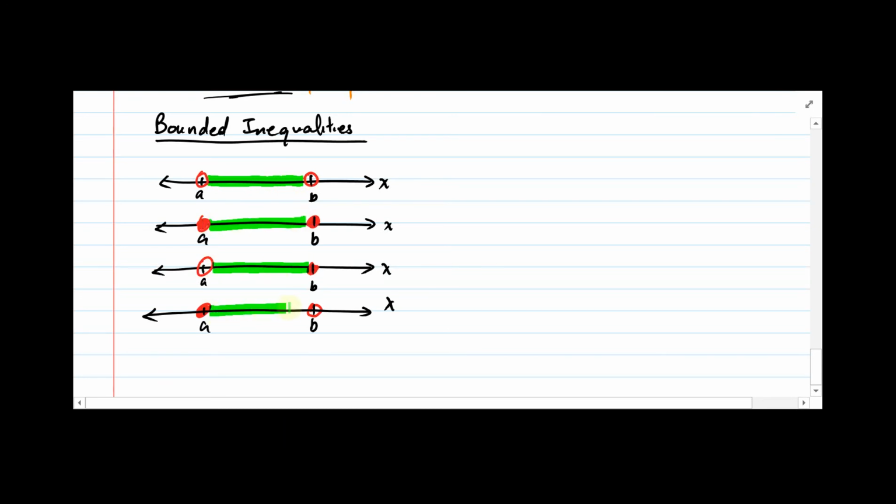Alright, and there. Okay, let's look at the naming of these. Again we want to use the set builder notation since this is one region, in each case one bounded region. We will say that this is a set of x's such that A is less than x is less than b.